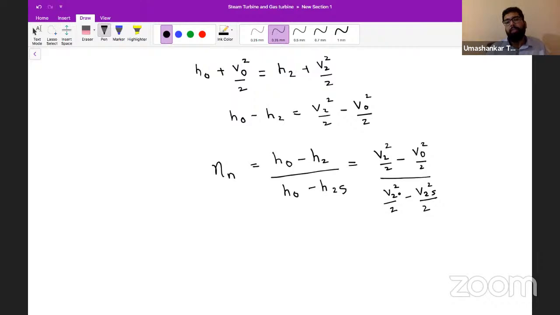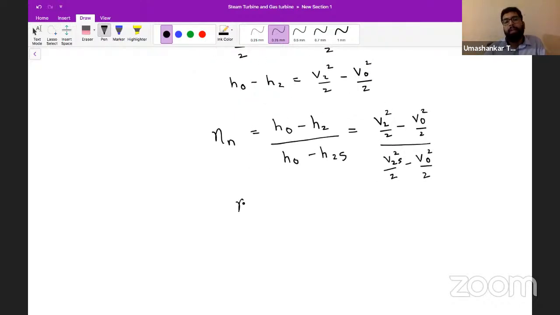So from here, our nozzle efficiency is equal to, if I neglect V naught, because as you have seen, till now we are making the assumption that V2 is very much greater than V naught.